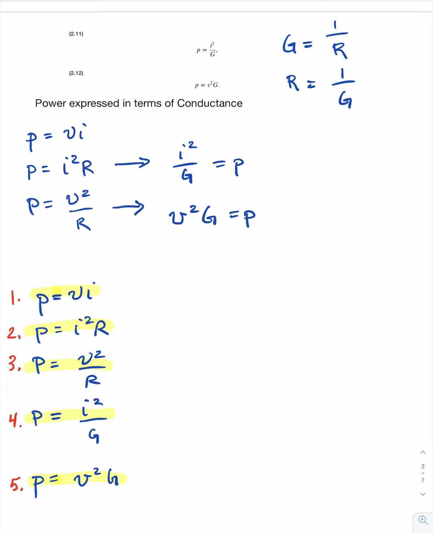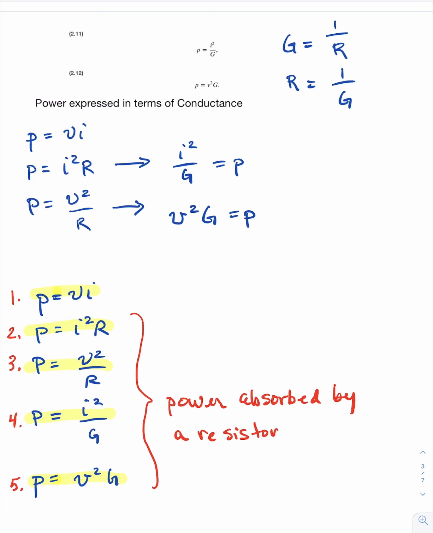So we have a variety of methods for calculating the power absorbed by a resistor, and the power delivered by active sources. So this would be power absorbed by a resistor. So if it's absorbed by a resistor, our power value should be positive.